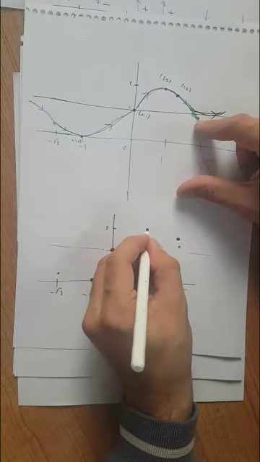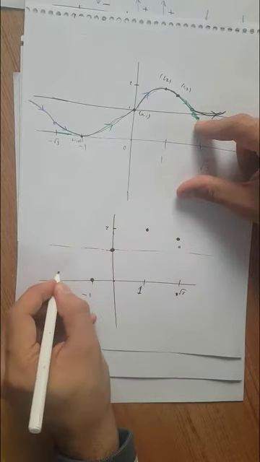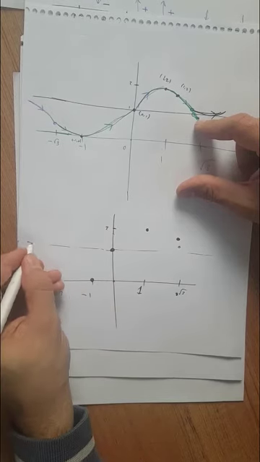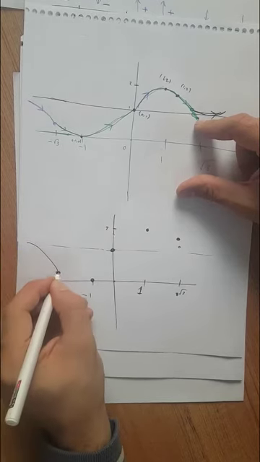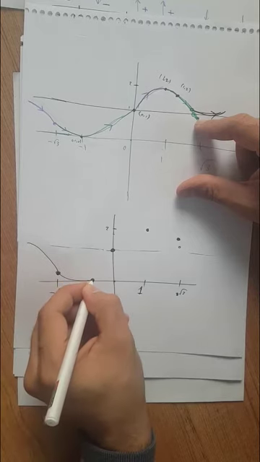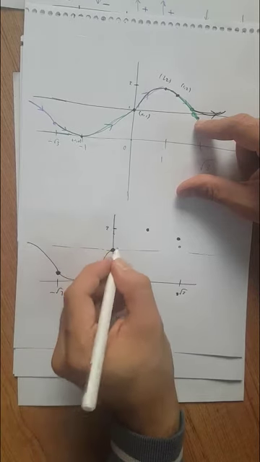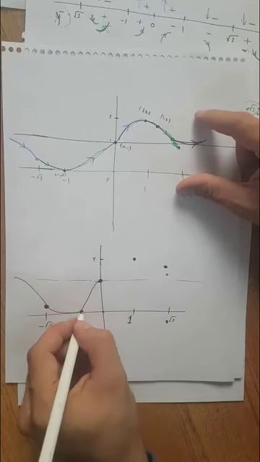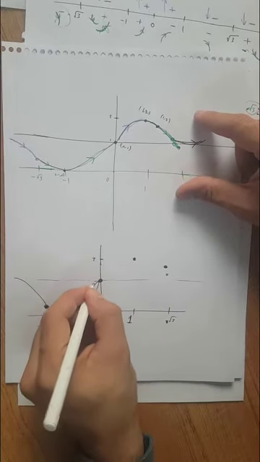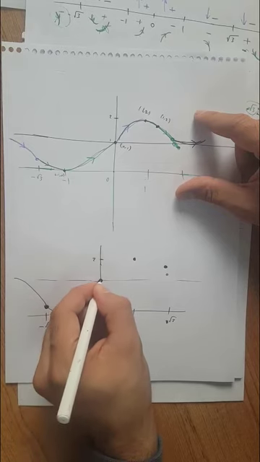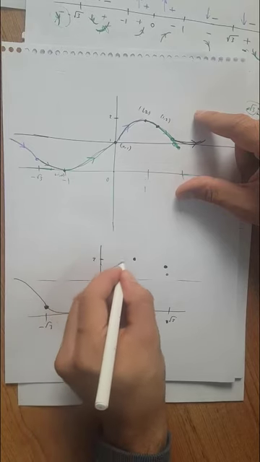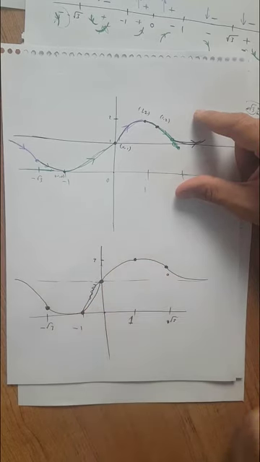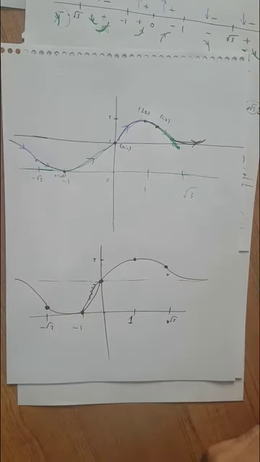All these are the important points that we have, and the curve came to here, then again to here, then later goes to here, and then up, then down, and then decreasing. That's all that you need.